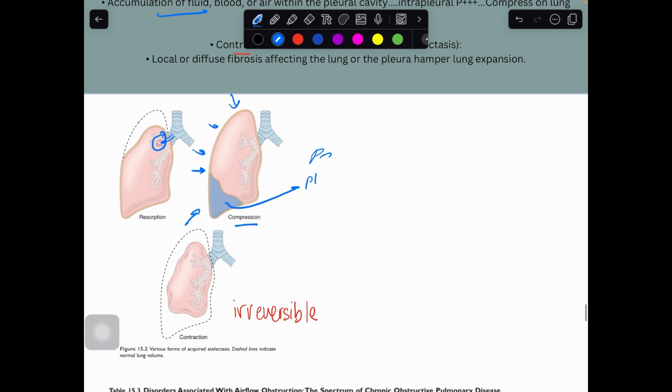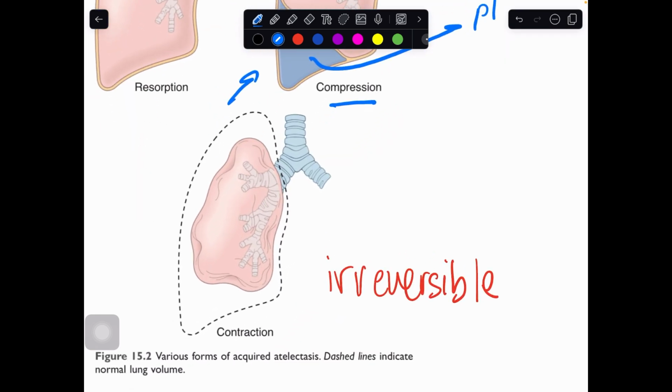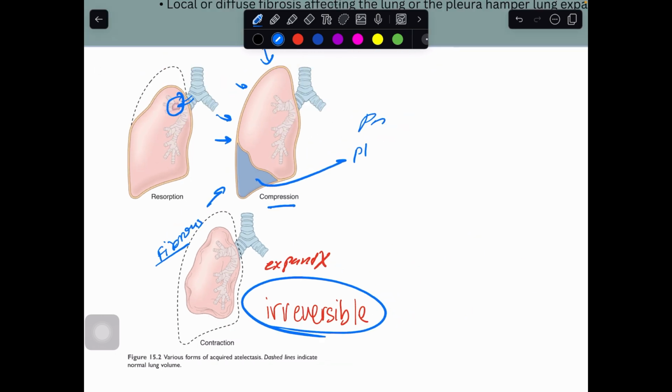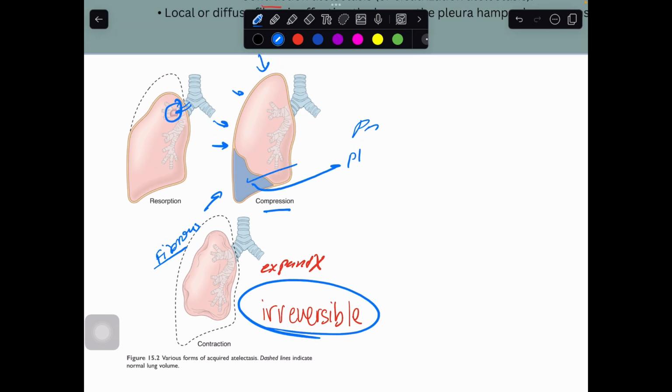The other type is a contraction. In this case, my lung has lost its elasticity and won't be able to expand properly. The reason is because it has been replaced by fibrous tissue. And so now, because it can't expand, it will start to collapse, just like we can see here. This is an irreversible reaction. At least here we can, for example, get the fluid out.